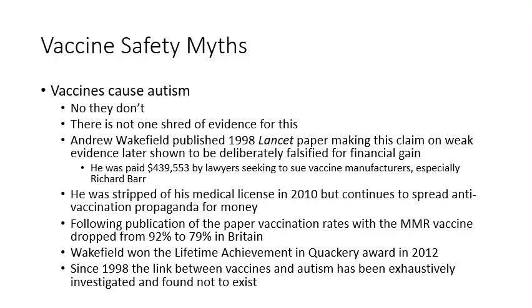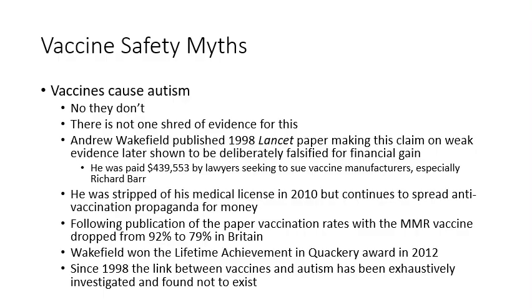There are myths about the safety of vaccines. The oldest, most persistent one is that vaccines cause autism, and it was specifically the MMR vaccine that was accused of causing autism. This is not accurate. This myth originates from a guy, Andrew Wakefield, who was a doctor.